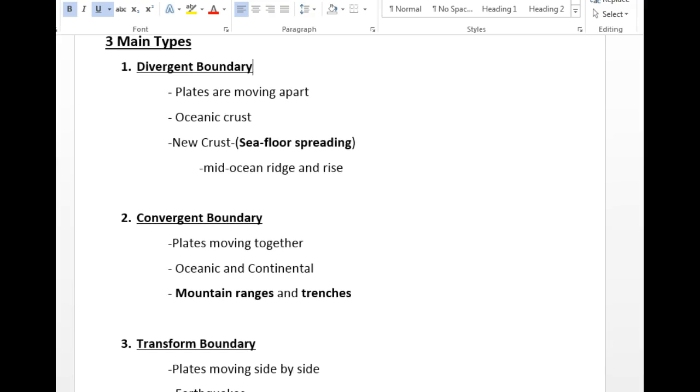So the three types are divergent, convergent, and transform. The first two are the ones we're really going to worry about for our mid-ocean ridge, and parts of the ocean are divergent and convergent. You probably know that when something's diverging, plates are moving apart, and a lot of these form new ocean crust.